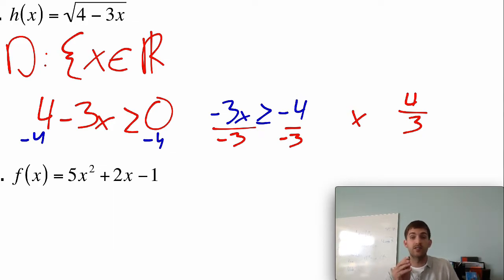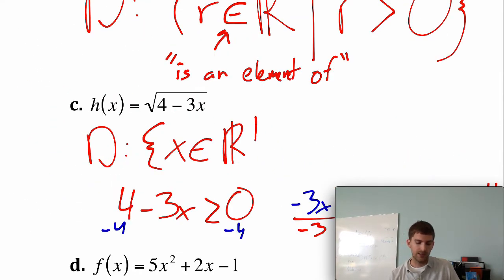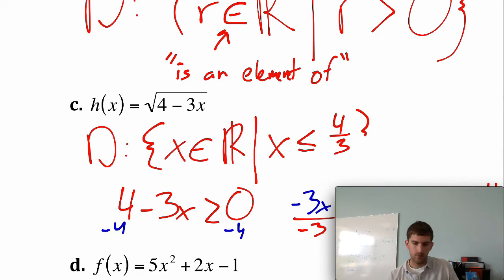So it started off as a greater than or equal to. Now it's going to flip to a less than or equal to. Every x value that we plug in has to be less than or equal to 4/3. So we're going to say x is an element of the reals as long as our x's are less than or equal to 4/3.